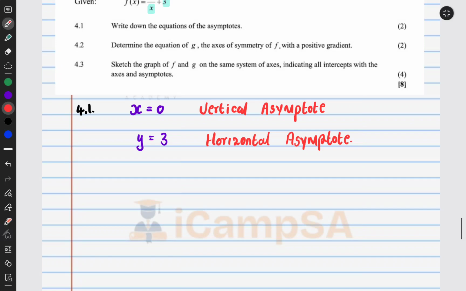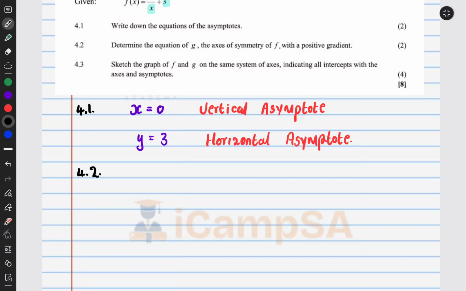Next, determine the equation of g, the axis of symmetry of f with a positive gradient. Since this function has been shifted up by 3 units, we simply go to the equation y is equal to x and then add the asymptote.